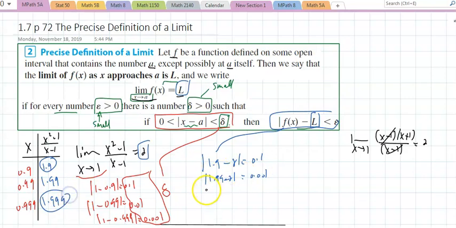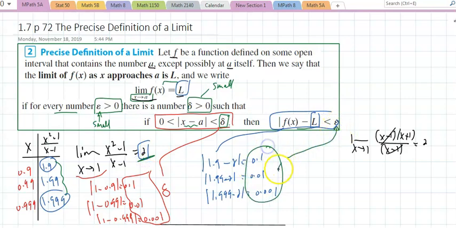And 1.999 minus 2, that is 0.001. I messed up on one of the zeros here. So do you know what this is saying? This is saying for those numbers to be close enough, if you take the difference between those and this, it should be an extremely small number.